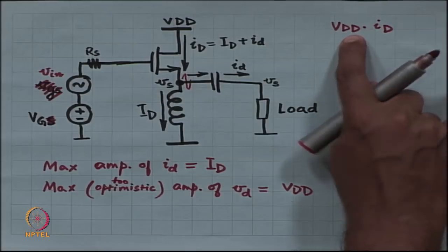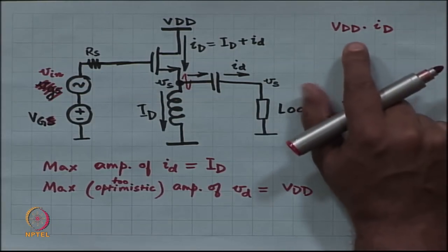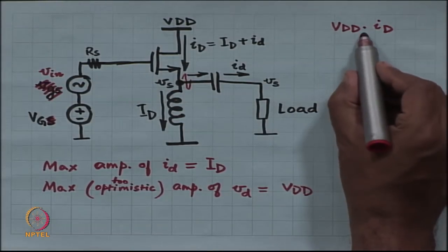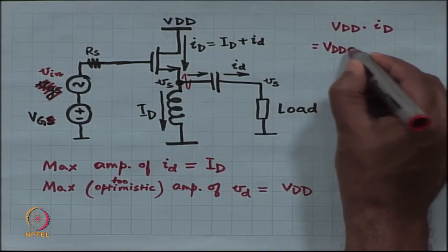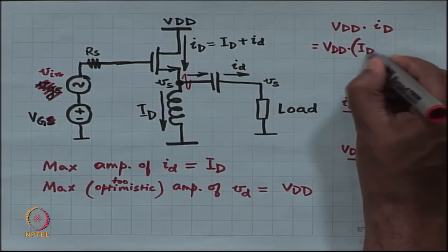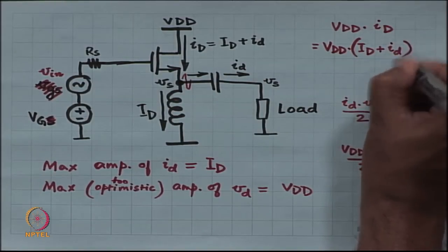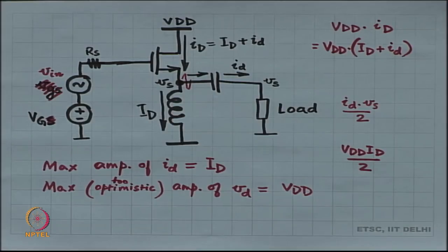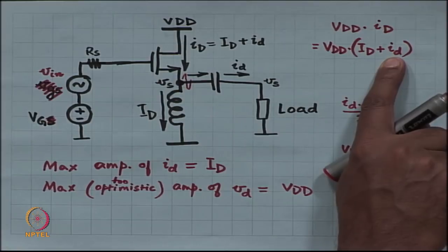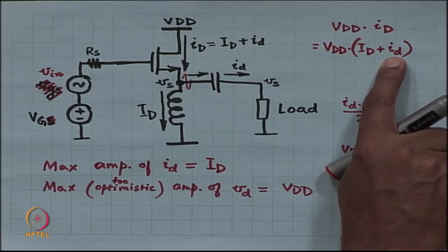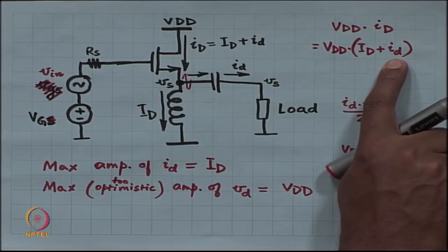What is the power that is being drawn from the source? The power that is being drawn from the source is VDD times small i sub capital D, which is equal to VDD times capital I_D plus small i_d. Okay. And then when you have to find out the power, this small i_d is changing with time. So, you have to integrate over one period, right, but when you integrate small i_d over one period, you get 0, right.